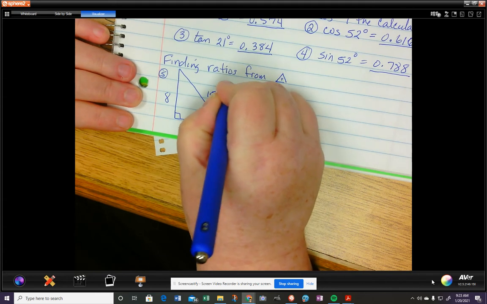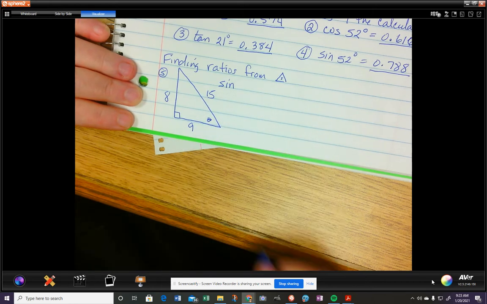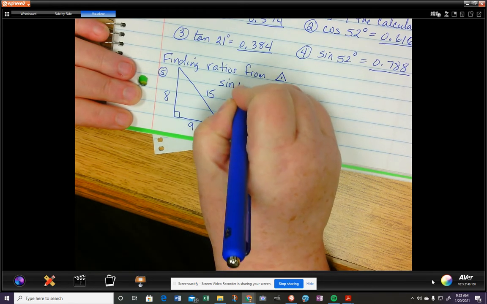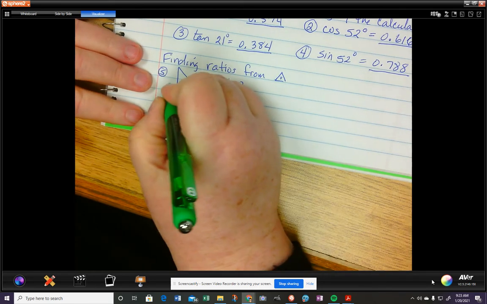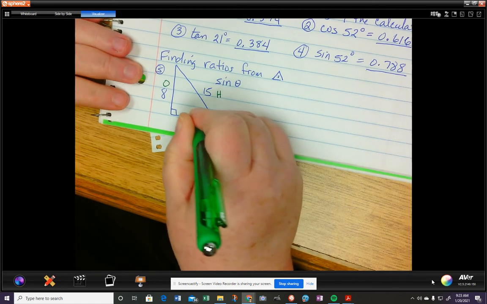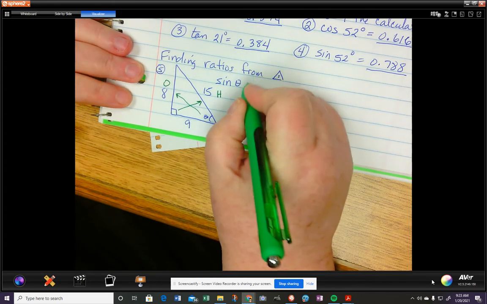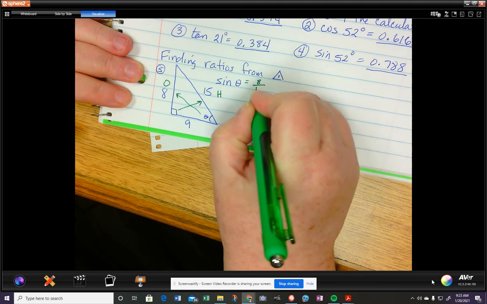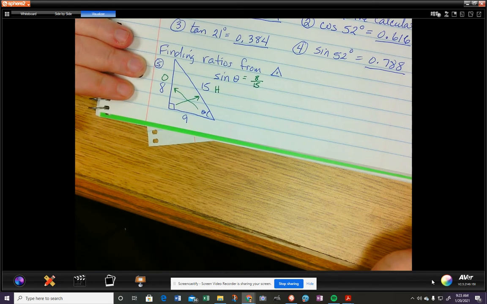And I want the sine of theta. So what is the sine of theta? That was opposite over hypotenuse. So I'm going to put 8 over 15. And I can put that in the calculator and get a decimal, or I can leave it like it is. That's as easy as that.